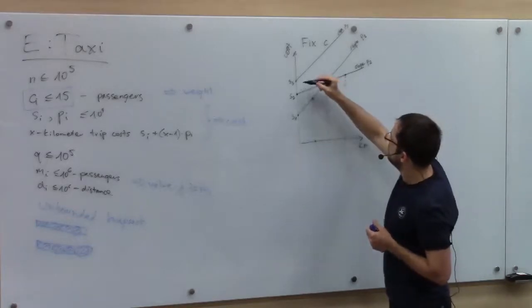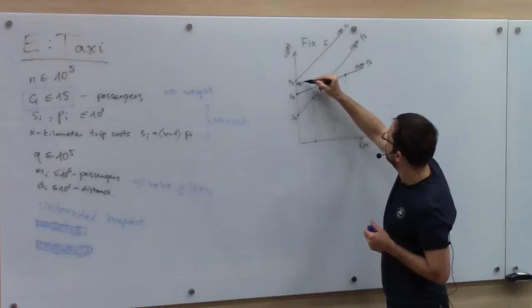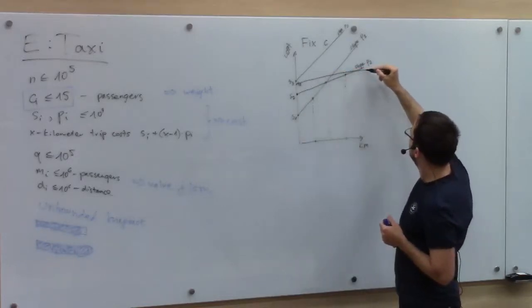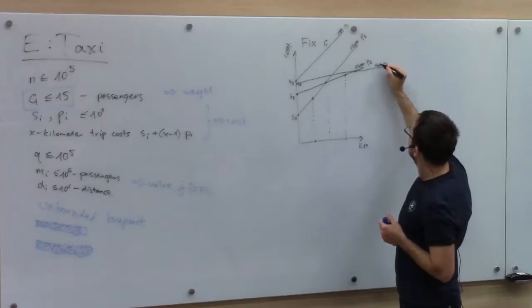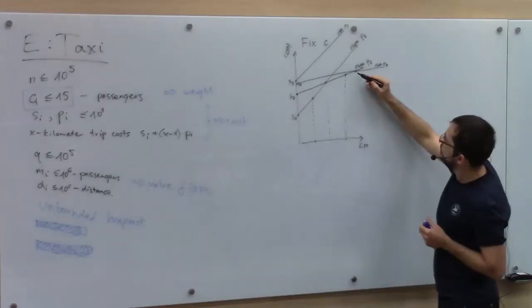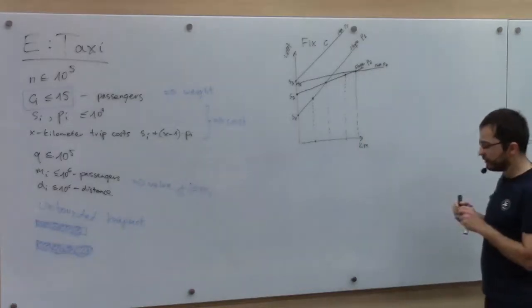So maybe let's see one more example. Maybe we have S4 here, and it will go like this. So after this point, it will be best to use the fourth cab.